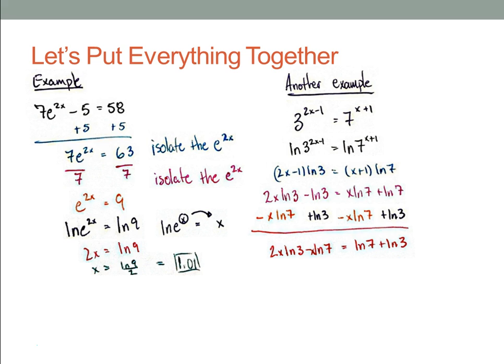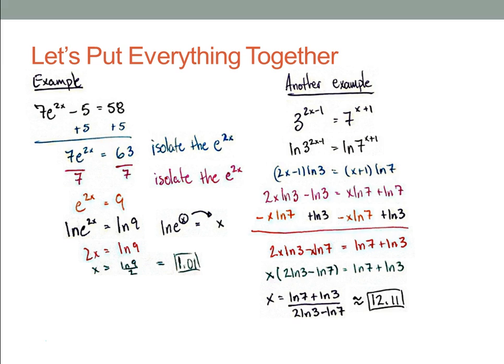And I'm going to factor the x out, which allows me to get 2 ln of 3 minus ln of 7. Now that's just a number. And if it's just a number, then I can actually just divide to isolate what x is. Awesome. So now I just divide both sides by 2 ln of 3 minus ln of 7, and x is equal to this complex fraction. Now, yes, I could put that in my calculator. So could you. We could find out what that equals.